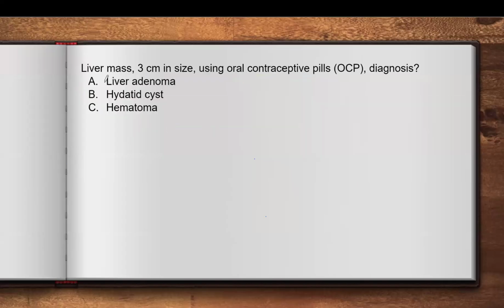Yes. Next question, liver mass 3 centimeter in size. Patient is using OCPs. Diagnosis: liver adenoma, hydatid cyst, or hematoma. Yes, so with oral contraceptive pills, it is a very common side effect or complication that patients develop a hepatic adenoma.